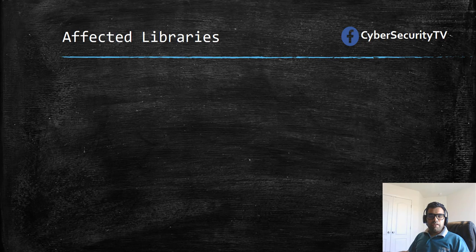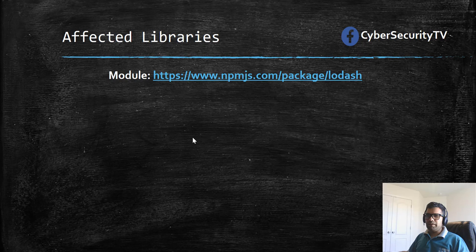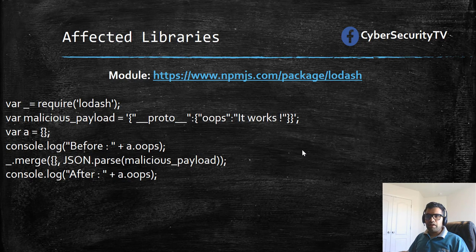Now there are already a few libraries which are affected, and there are some more libraries which are yet to be discovered. But one of the libraries is this npm.js package, lodash. And this is their code.